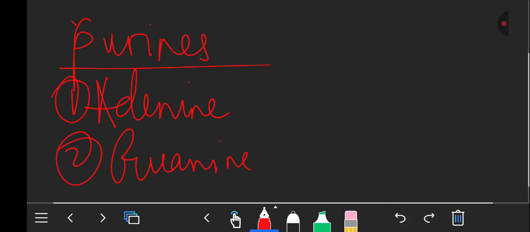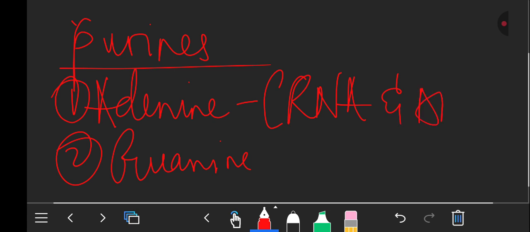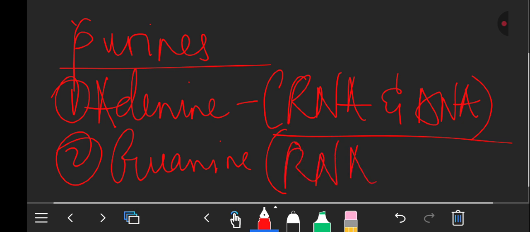Adenine is found in both RNA and DNA. In DNA you'll find adenine, and in RNA you'll still find adenine. Guanine is also found in both RNA and DNA. So it is very important for you to understand this.